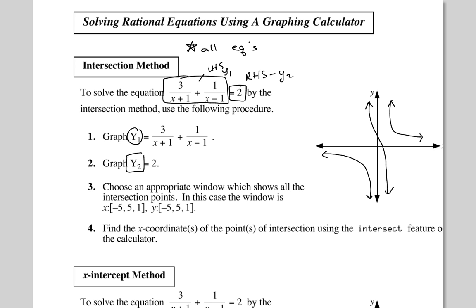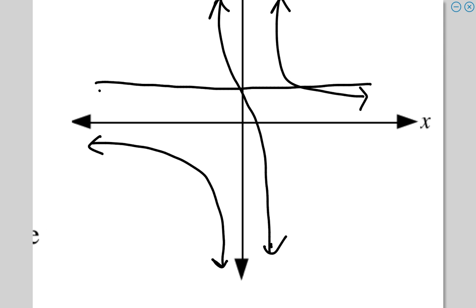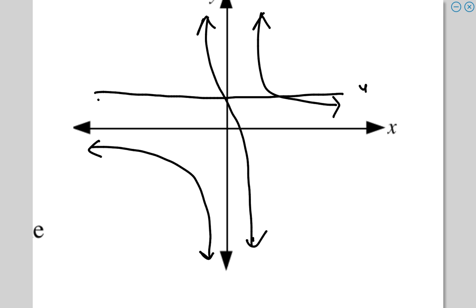That's a pretty bad drawing, but 2 cut across like this. So I'll sketch that in for you. Here was y equals 2, and we had 2 answers. x2, y2, and this answer was x0, y2.